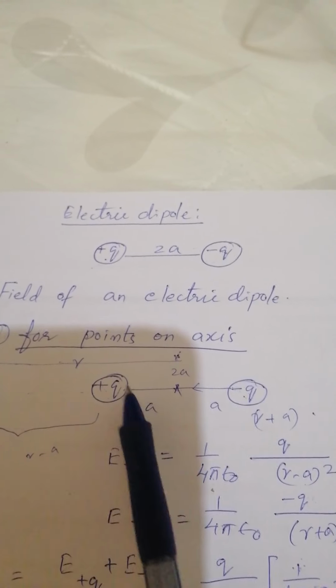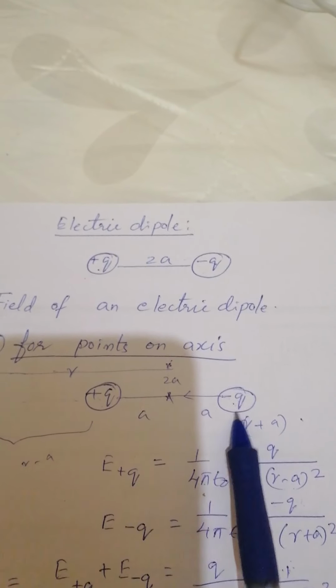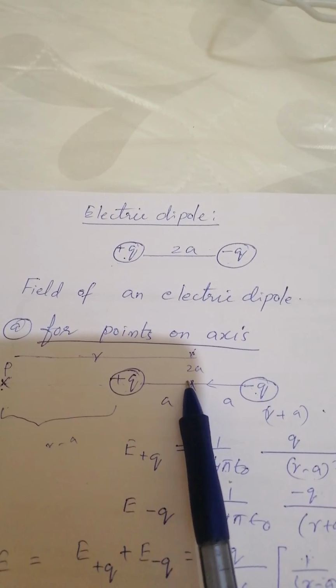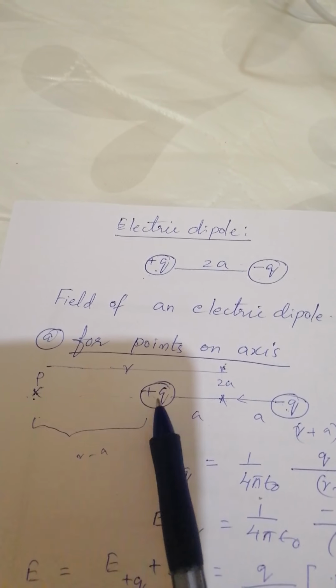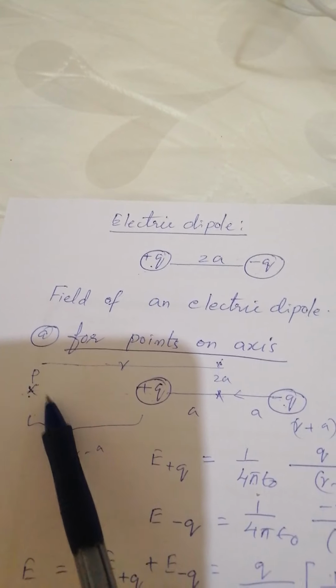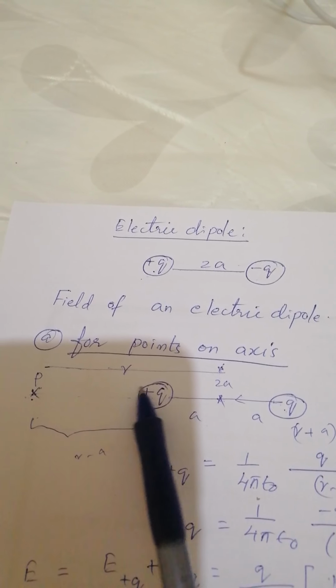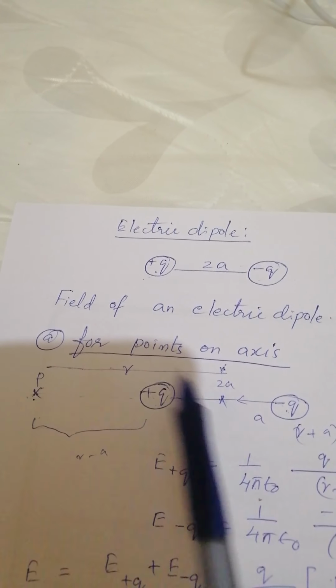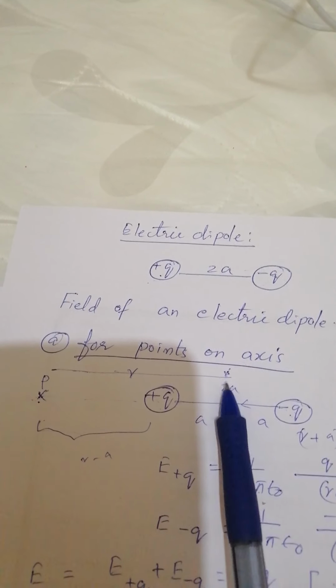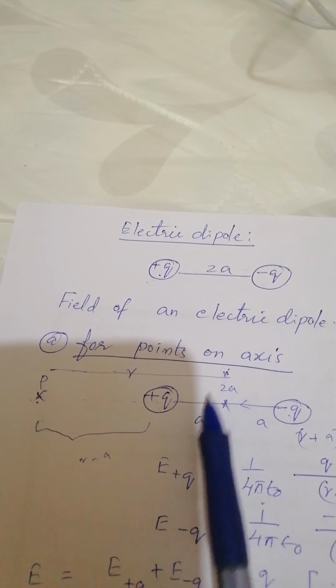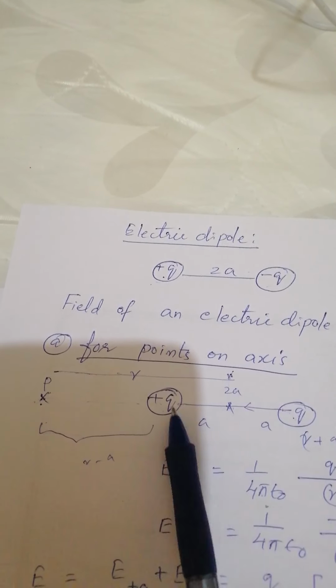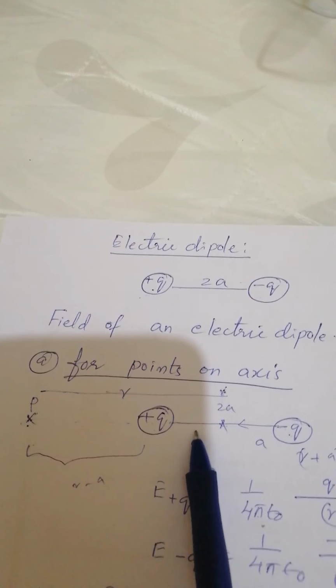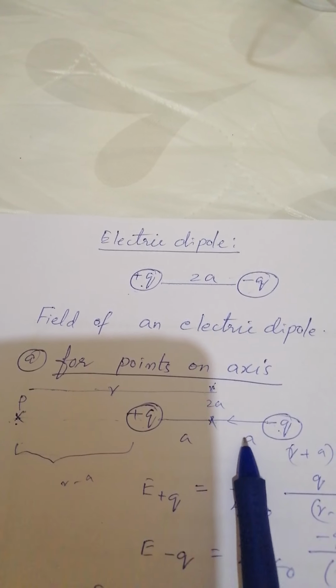Let us consider an electric dipole, that is plus q and minus q separated by a distance 2a, and we are here considering a point P. See, this is at a distance r from the center of the dipole. So here the dipole's distance is 2a and half distance is a and a.